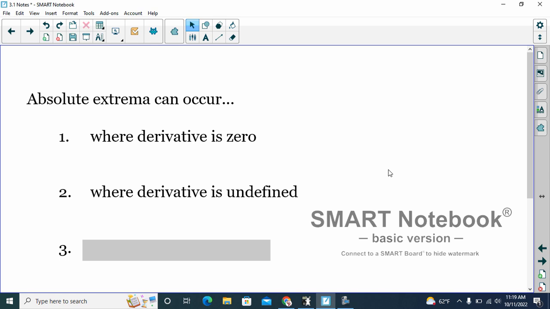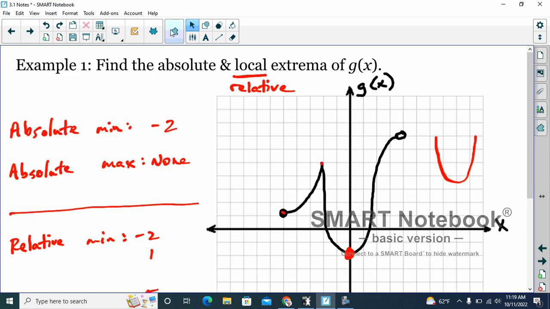So we could have absolute extrema where the derivative is 0, where the derivative is undefined, or the third possibility, notice this point, it kind of looks like the derivative is 0 at that point, so I'm going to change it just a little bit. If my graph were to look something like this, notice at that point, I would now have an absolute maximum of this value, even though the derivative's not 0 or undefined.